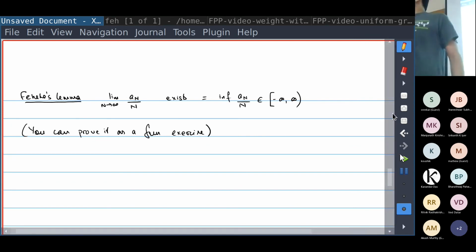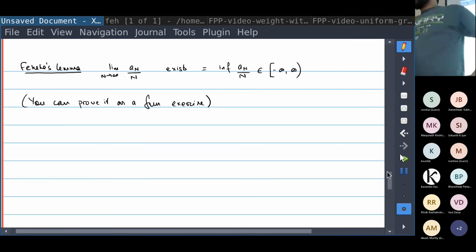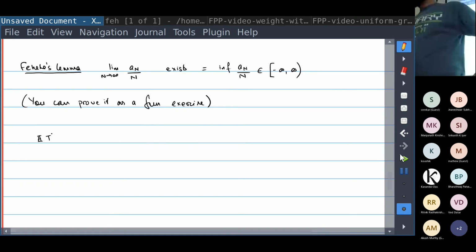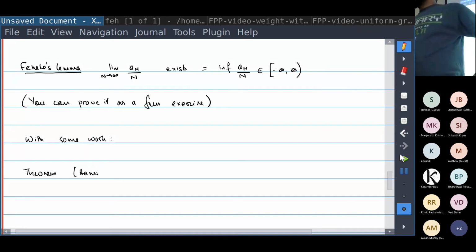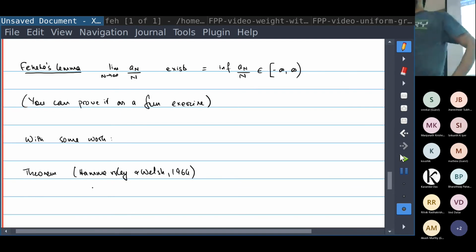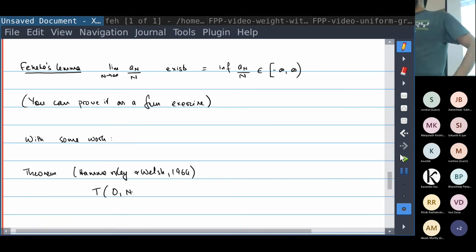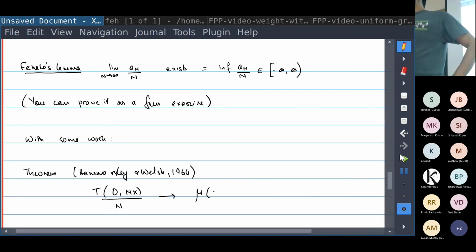And so, using this idea, translating this, with some work you can show convergence in measure. Theorem, Hammersley and Welsh, 1964, when the model was introduced: T(0, nx) divided by n converges to mu of x for every x.